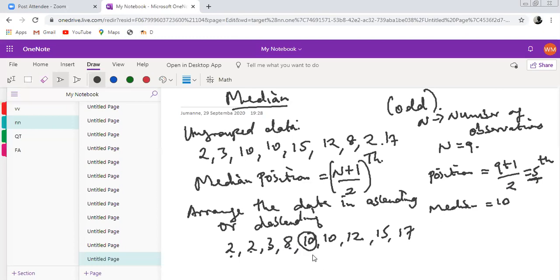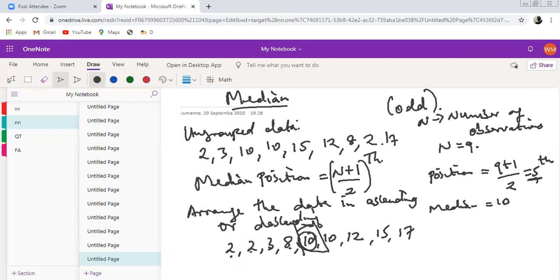But you can also choose to do what we used to do in primary or high school. You just count 1, 2, 3, 4 from this side, and 1, 2, 3, 4 from this side, and you find that this is the number that is enclosed. So for the odd number, it is so direct. You are going to have only one number occupying that position.